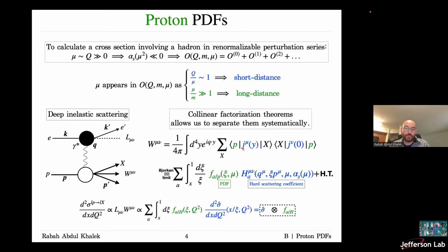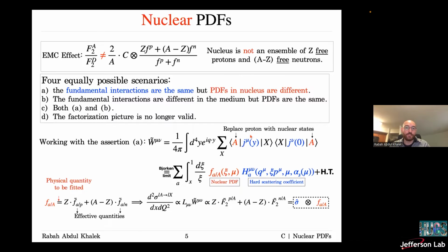In a similar way to how you define PDFs that describe the probability of hitting a quark or a gluon inside of a proton, you can define the nuclear PDF, which is the probability of hitting a quark or gluon inside of a proton that is inside of a nucleus. I won't dive into much detail, to keep time for the tutorial.